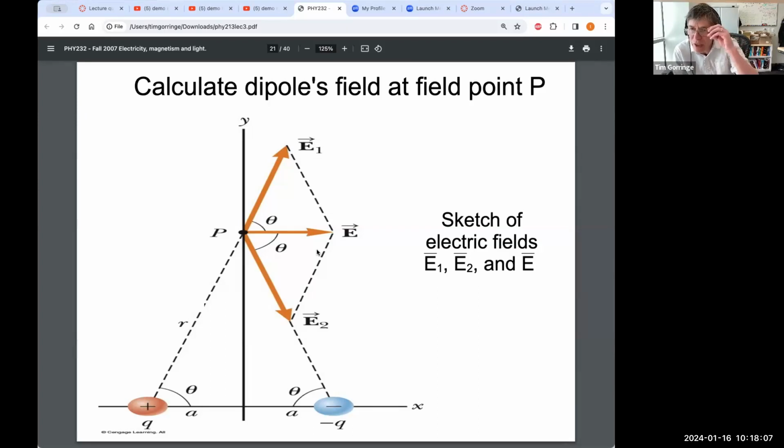A question from Nolan, I just noticed it. Would it be incorrect to draw the dipole from the positive to the negative charge? Yeah, so there is a convention. That's actually a very interesting question. There is a convention for which direction you draw the dipole moment, and I'm going to come back to that after we've done the calculation.